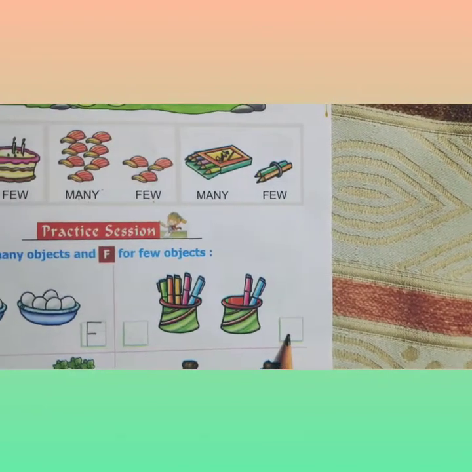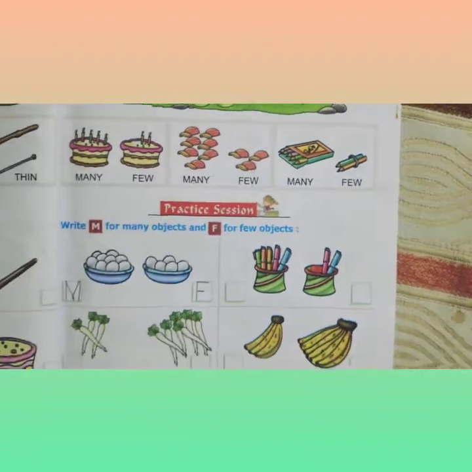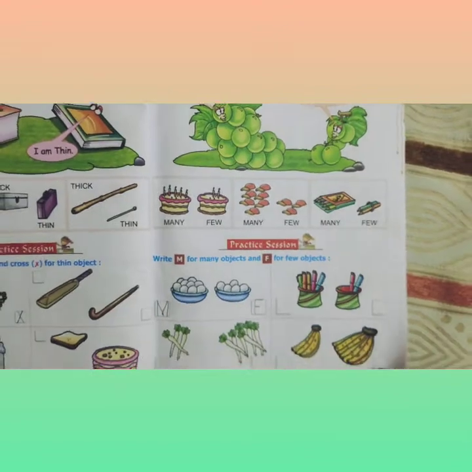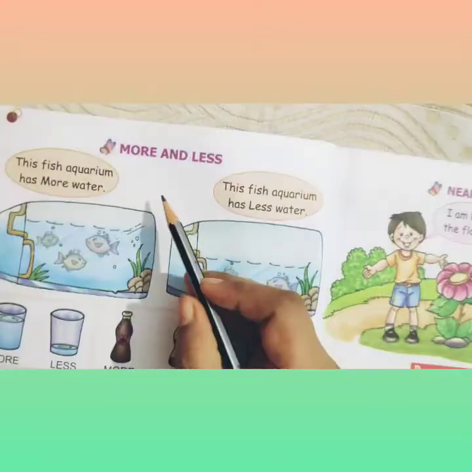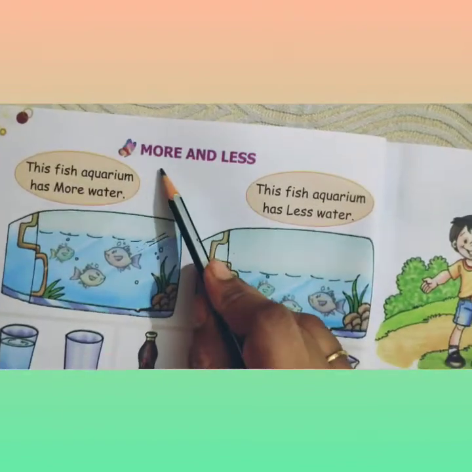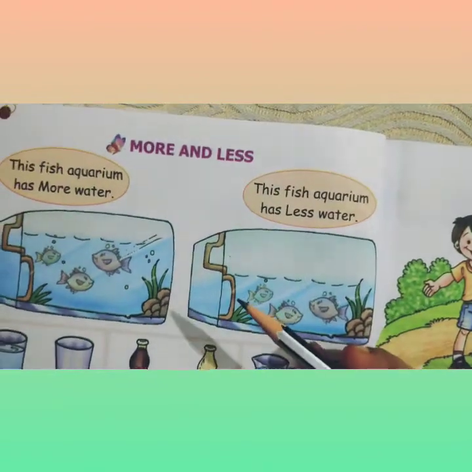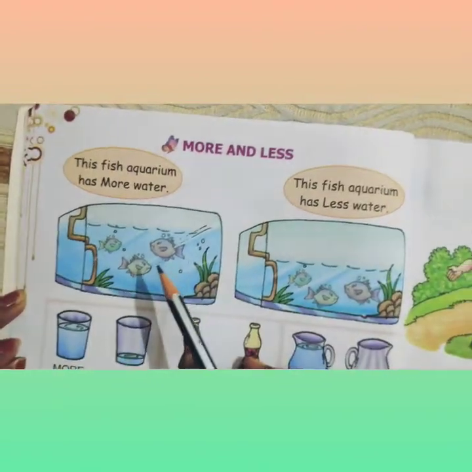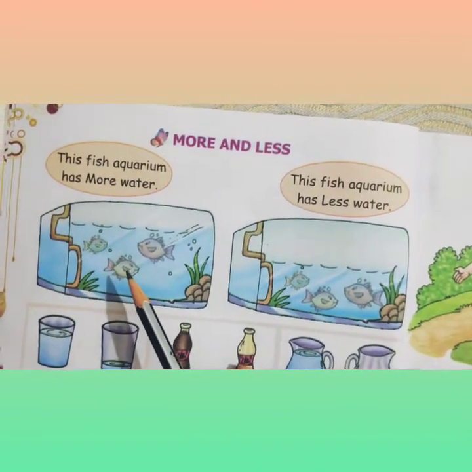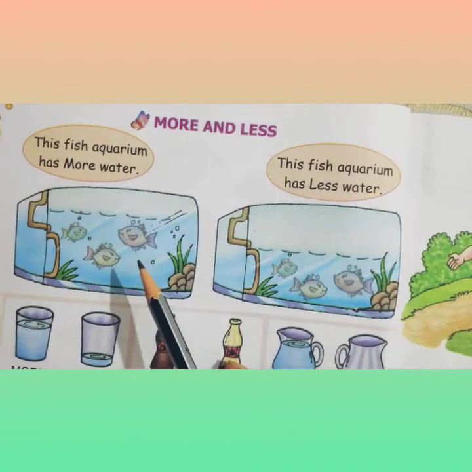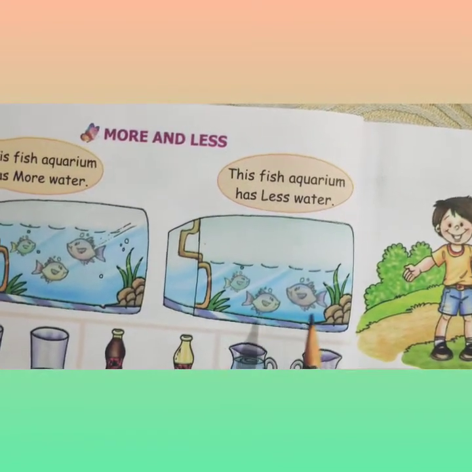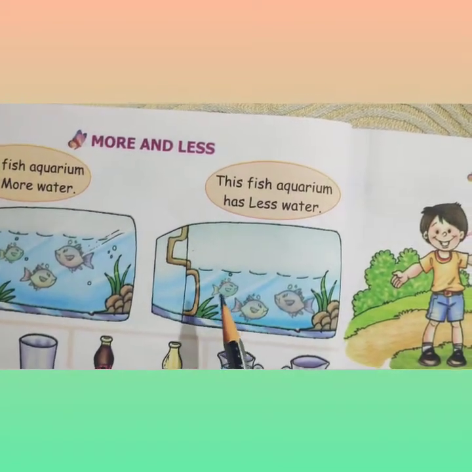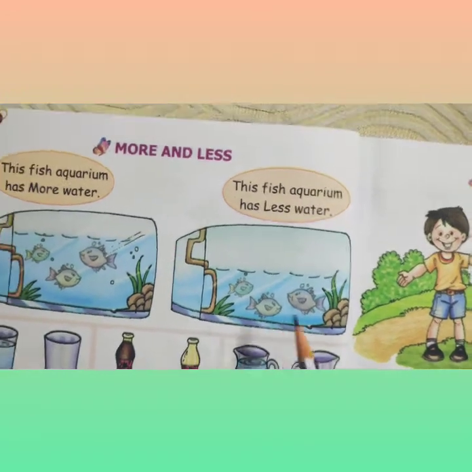Now all of you turn over the page, and on page number 12, the topic is more and less. More means a large but uncountable quantity, and less means a small but uncountable quantity.